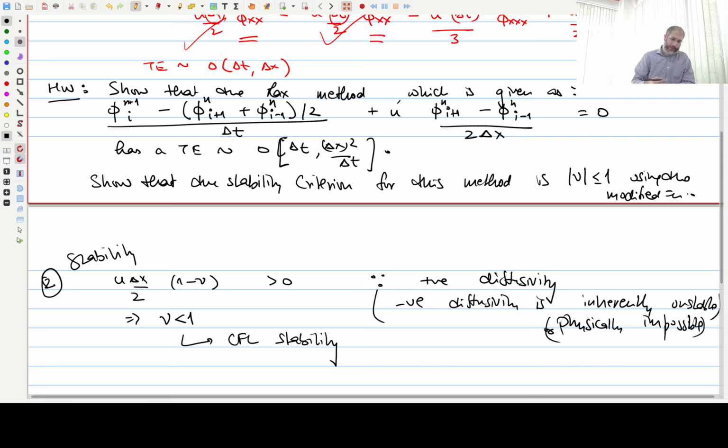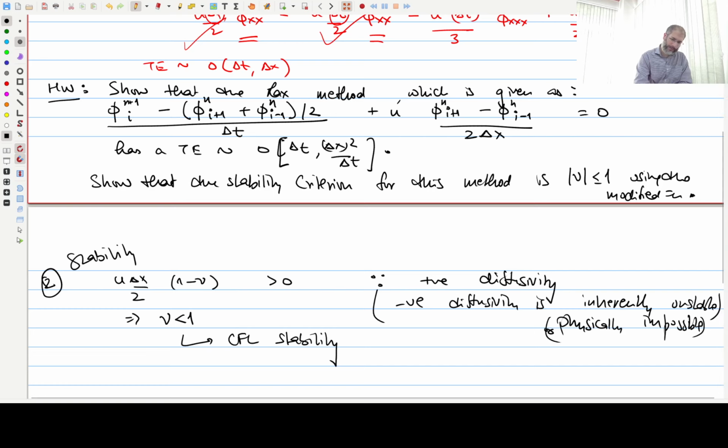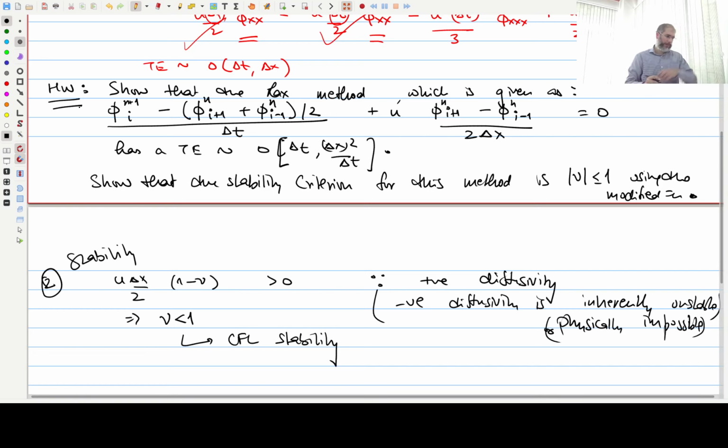So both of these you have to do using the modified equation. Any questions?